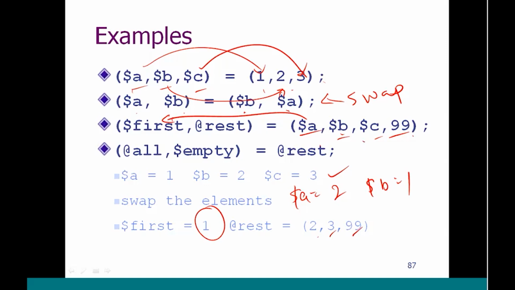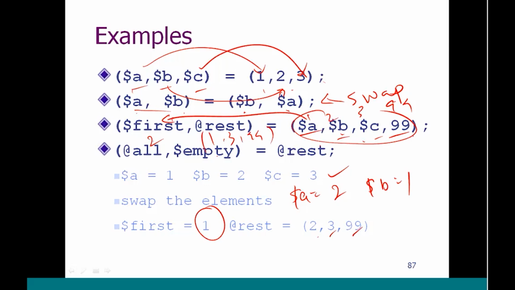Here again, we are not doing the swap. This is before the swap, so these values are still 1 2 3 and 99. If it is applied after this statement, then 2 will be assigned to first, and then 1 3 99 will be assigned to the rest.